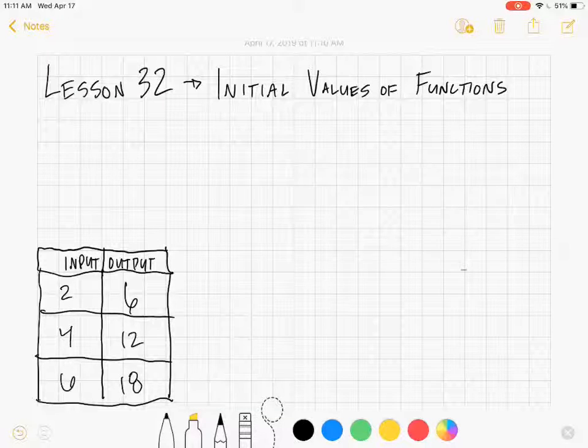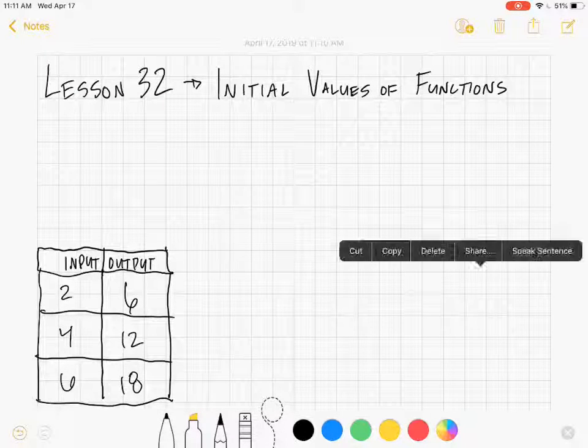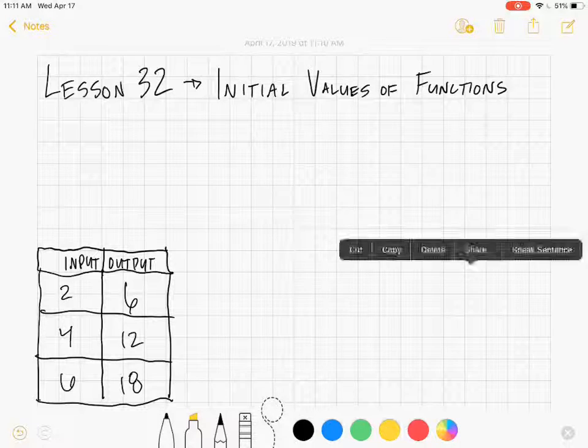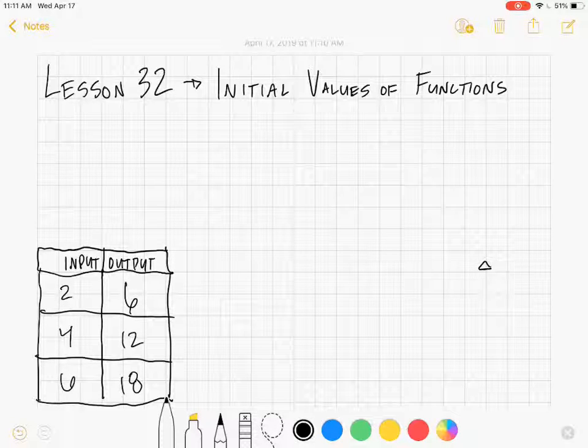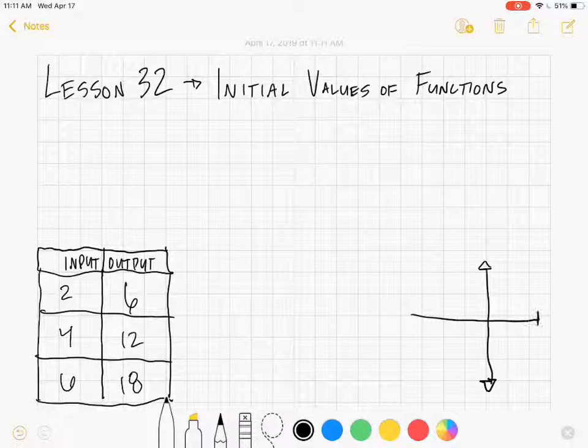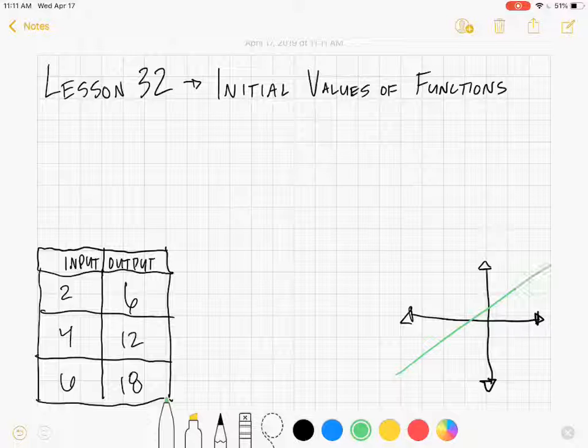If we have a coordinate plane like this, and we have our line or our linear function, the initial value is this dot right here, the spot where it crosses the y-axis.